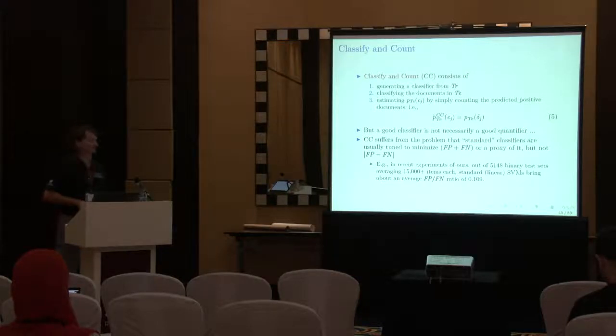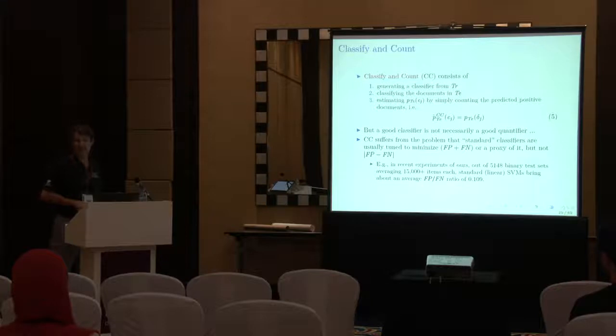A standard linear SVM, with all parameters optimized and bells and whistles, brought about an average ratio between false positives and false negatives of 0.109. So it means that these SVMs made 9 or 10 times as many false negatives as false positives, while the optimal ratio for quantification would be 1.